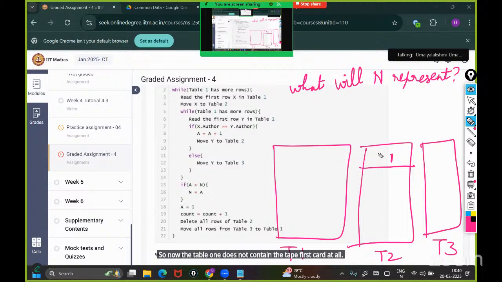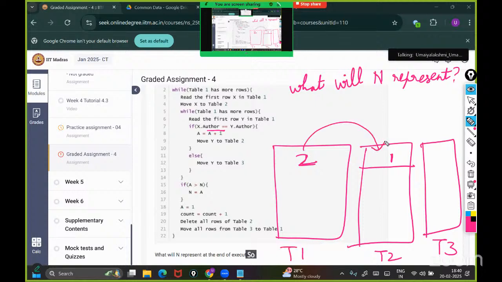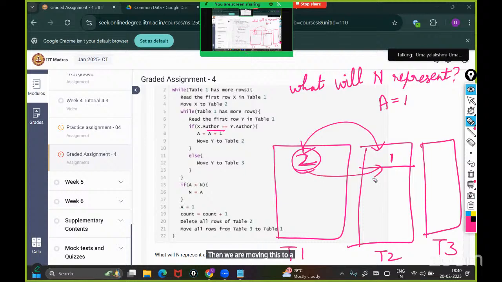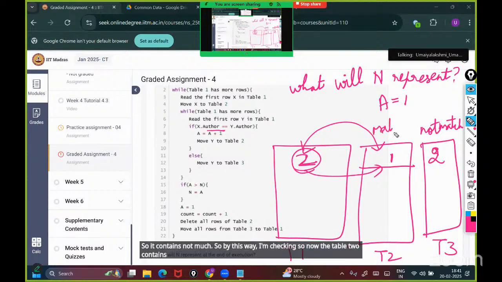Then I have to check the author, for which I take the second card from table 1. When these two cards are flipped, if the author is the same, we increment the A value by 1 and move this card to table 2. If it is not a match, we move it to table 3, so it contains the non-matches. This way I'm checking, so now table 2 contains all the matched values of the same author.